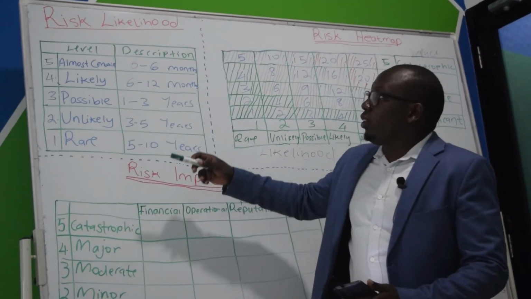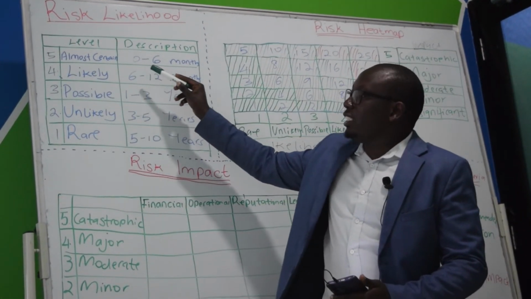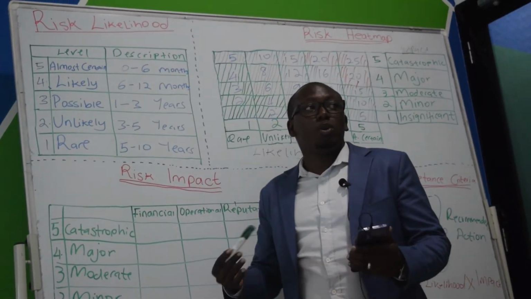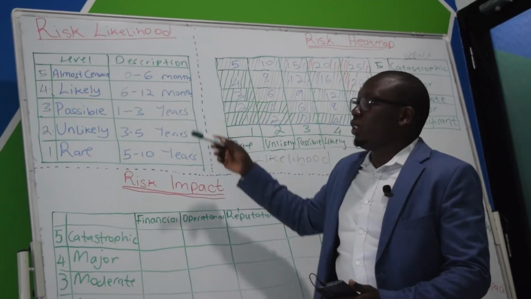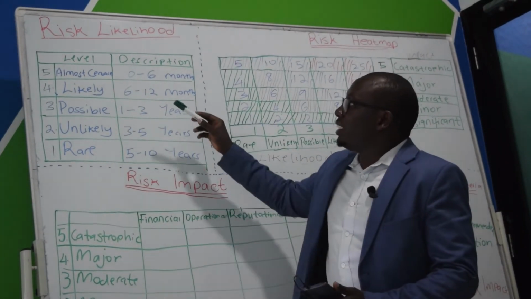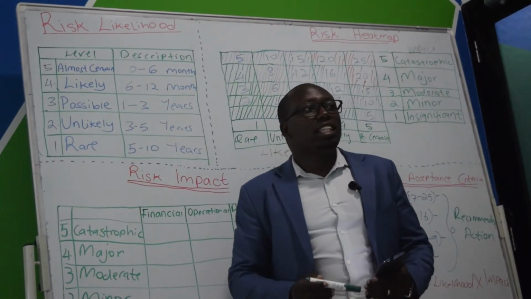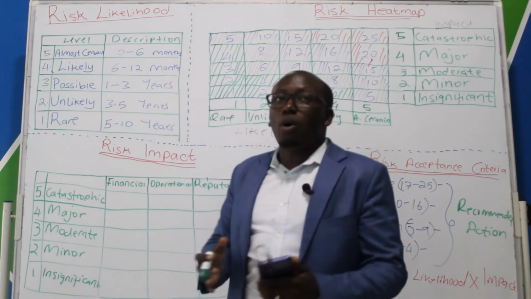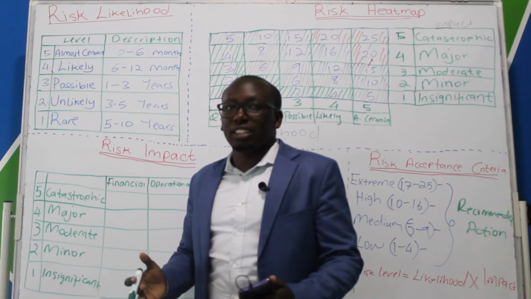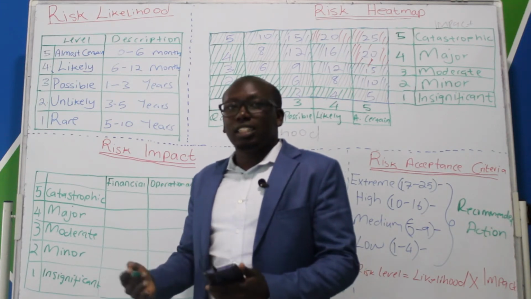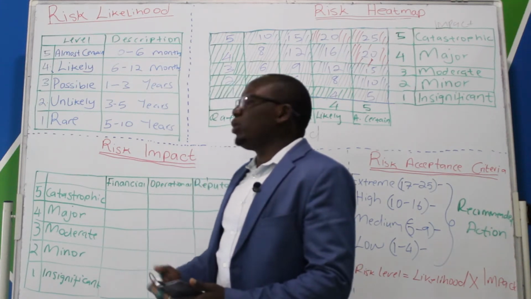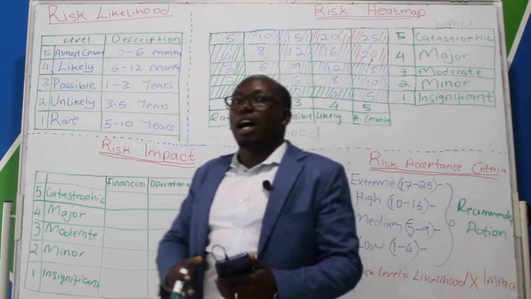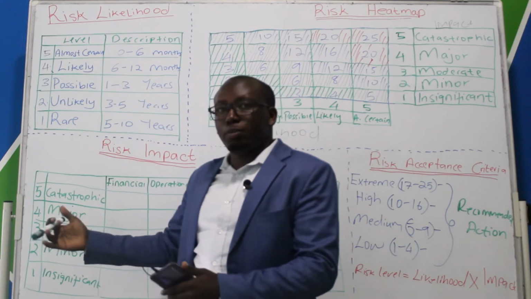When you're looking at likelihood, you'll find that it's divided into 5 levels. You have the liberty of choosing how you're going to name them, as well as how you're going to describe them. One of the things you need to consider is how long your operations last. If you're in an industry where one project may take up to 10 years, then the frequency will have to capture that.